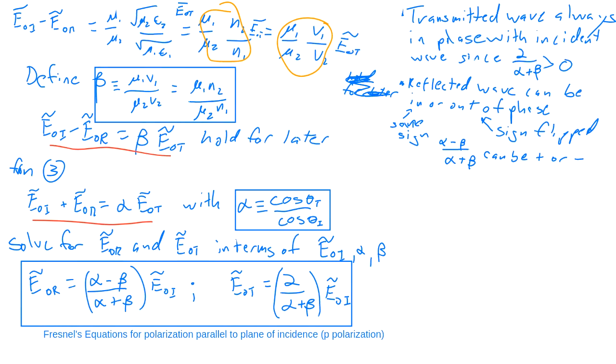Let's see. Another thing that we have right here is that both the reflected and transmitted waves, their amplitudes, their complex amplitudes, so including phase, only depend on two things.